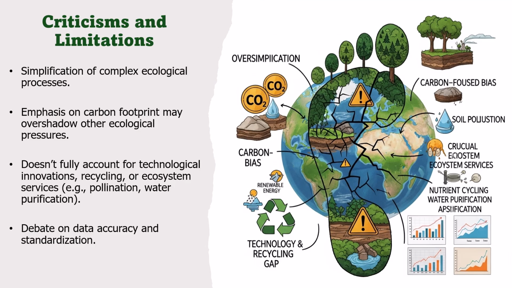Another concern is its strong emphasis on carbon footprint, which, while important, can overshadow other pressing environmental pressures such as water scarcity, soil erosion, or toxic pollution. Additionally, the footprint does not fully account for the benefits of technological innovations, recycling practices, or ecosystem services like pollination, nutrient cycling, and water purification, which play a major role in maintaining environmental balance.